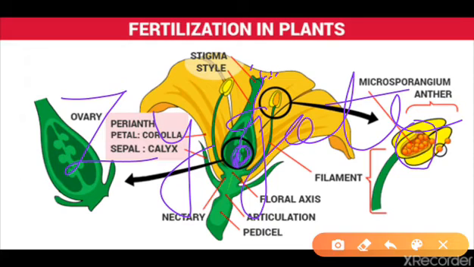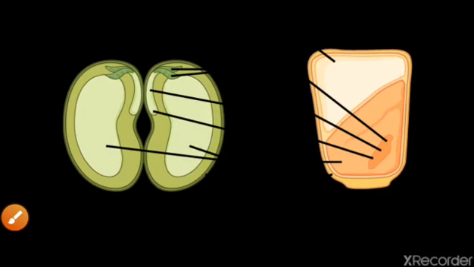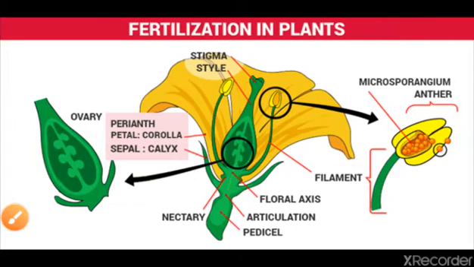Now the zygote finally develops into the embryo. What is the embryo? We don't have a structure of the embryo here, but the embryo is the stage after the zygote. We can say a fully developed zygote is known as the embryo.